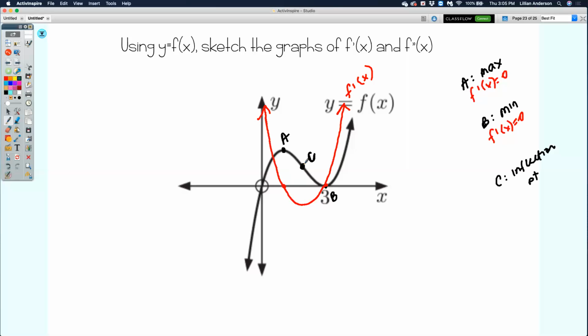That point where it makes that change, that is where the second derivative is equal to 0, because we're changing from being concave down to concave up. And anytime we have an inflection point, we have an extrema on our first derivative.